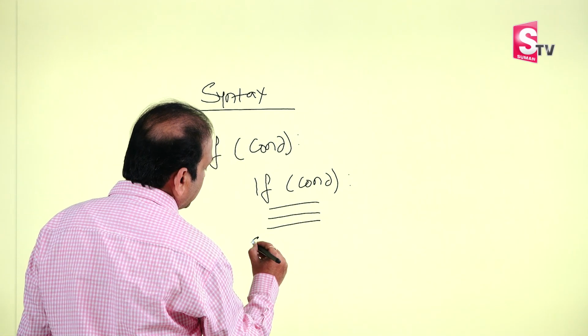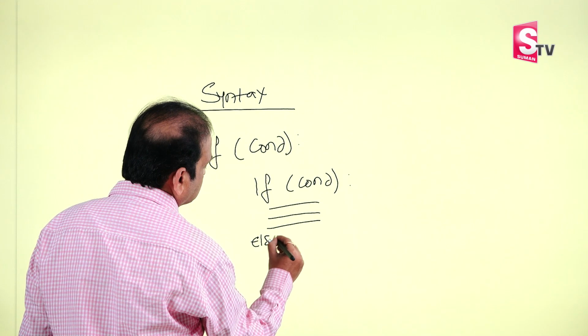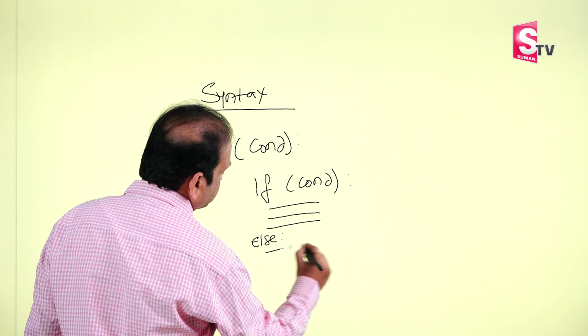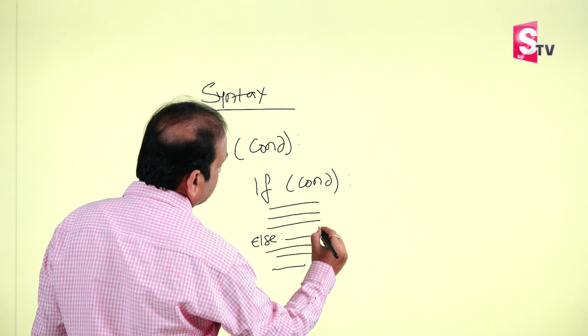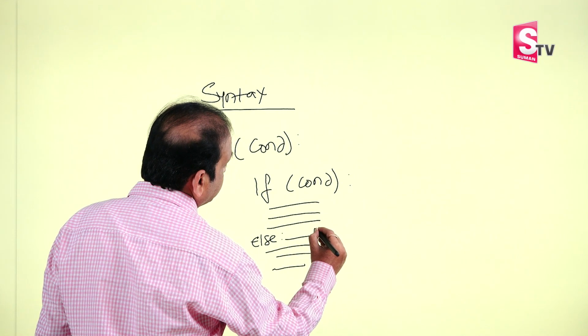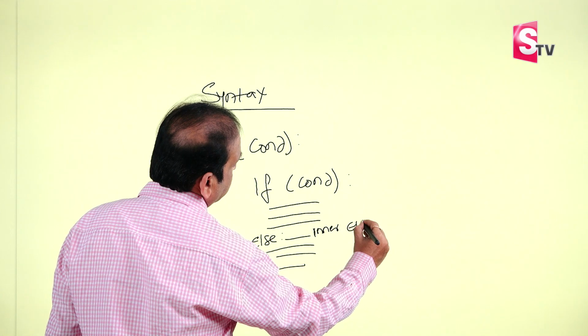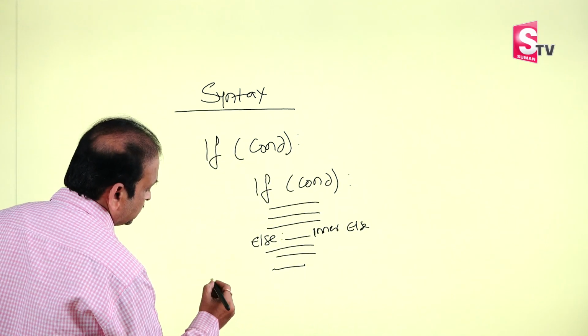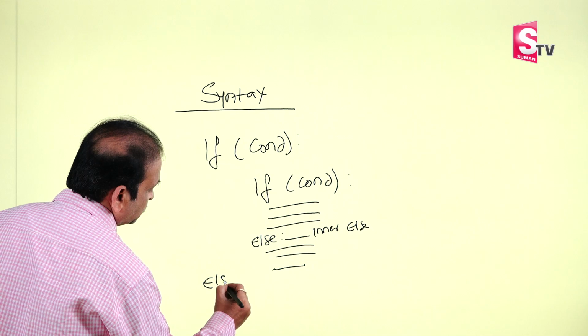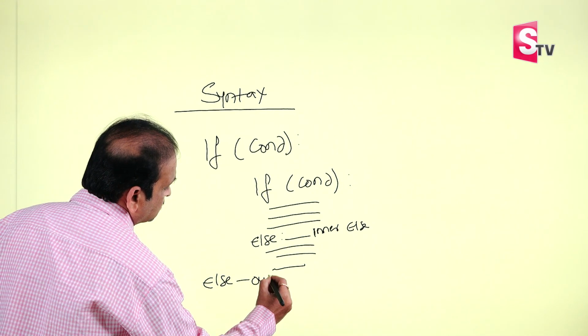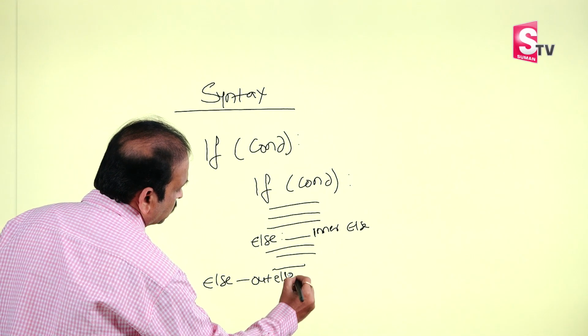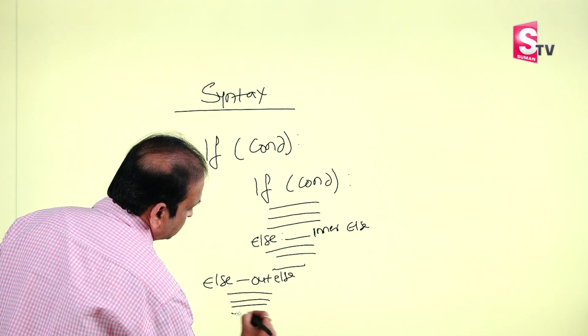Then for this we have one else, with indentation. This is the else block, the inner else. And for the outer if there is one more else here. So this is called the outer else, the else block of the outer if.